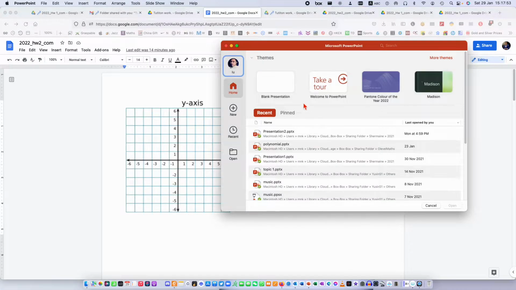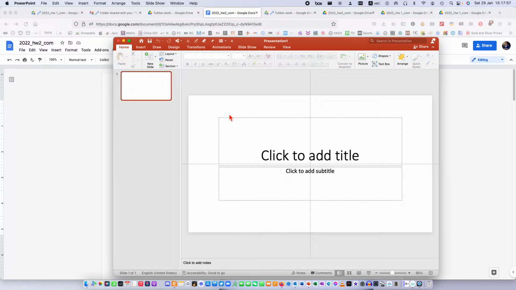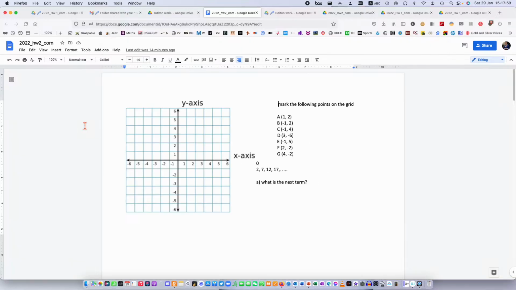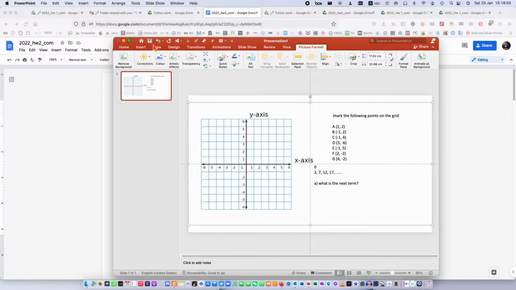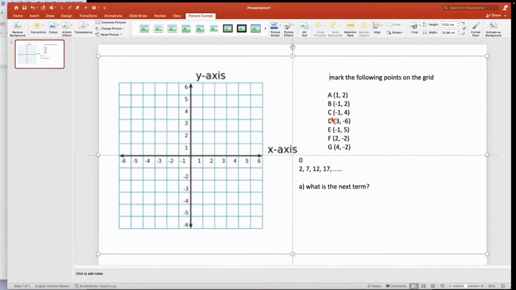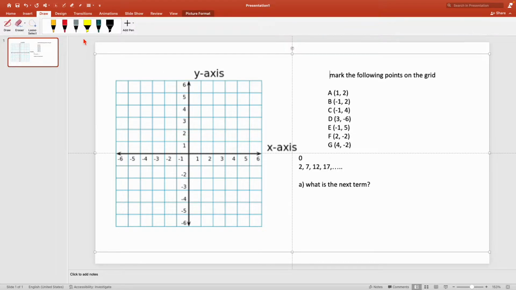It's loading. Okay, good. So we have done all this already, and this one is done.